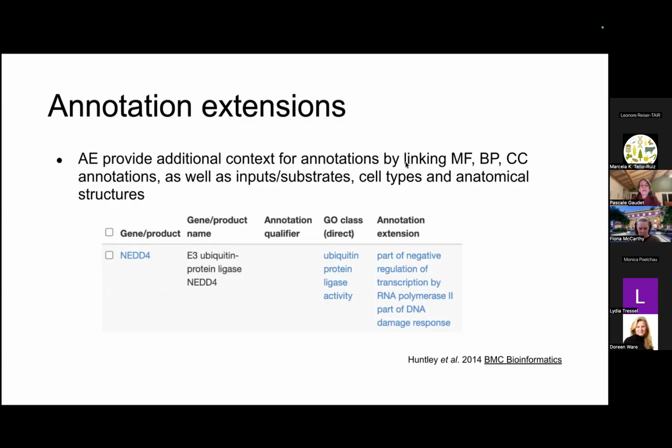And this allows us to link activities to process components, as well as input substrate, and also terms from other ontologies like cell types from the cell ontology, anatomical structure from Uberon and all kinds of other anatomy ontologies. So we have a number of external ontologies that we link to. We also have substrates from ChEBI, for example.